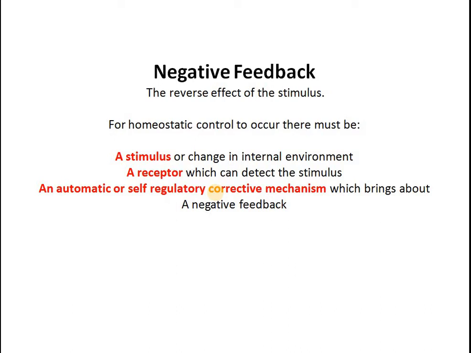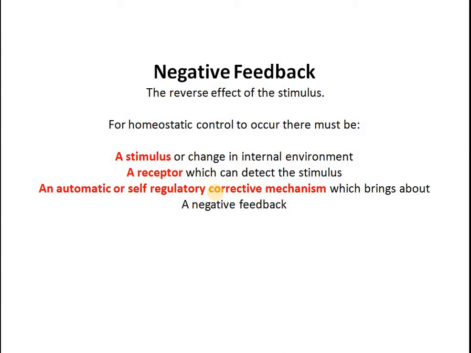Any change which is other than normal must happen inside the body, and then there must be some set of cells or glands or organs that would detect those stimuli. Once detected, there must be a corrective mechanism which will bring that factor which has gone abnormal back to normal.